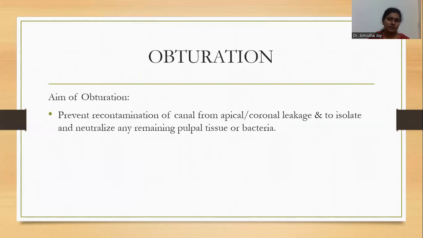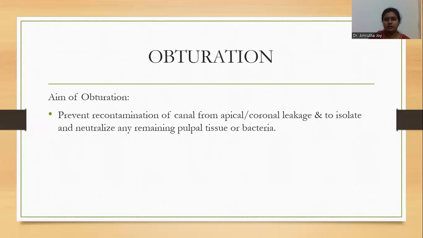Coming to the obturation part, in primary teeth, the main feature of the obturating material is that the material should resorb with the resorbing root of the primary teeth. The aim of obturation is to prevent recontamination of the canal from either apical or coronal leakage, and to isolate and neutralize the remaining pulpal tissue or bacteria.